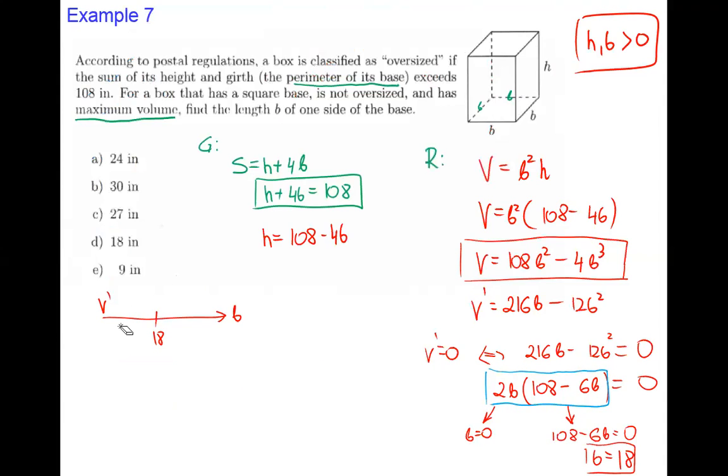If I put 0, I will have, no, I can't put 0. Let's put 1, because 0 will give me 0. If I put 1, this is positive, and must be negative, right? Because if I put a huge number, this will be positive, but this will give me negative. And volume is increasing, decreasing. This is definitely a maximum.